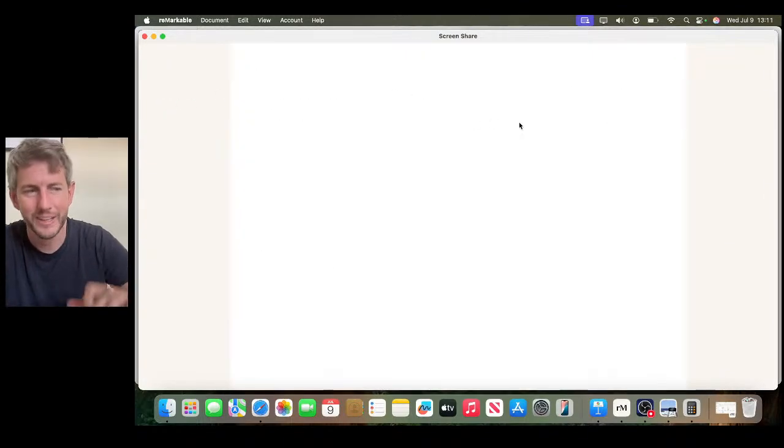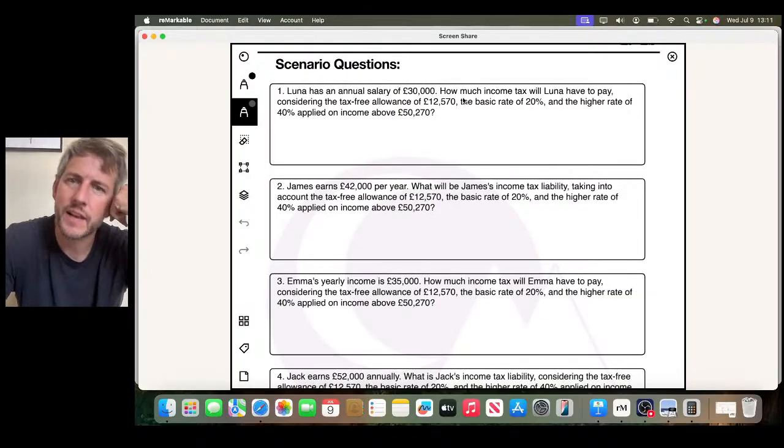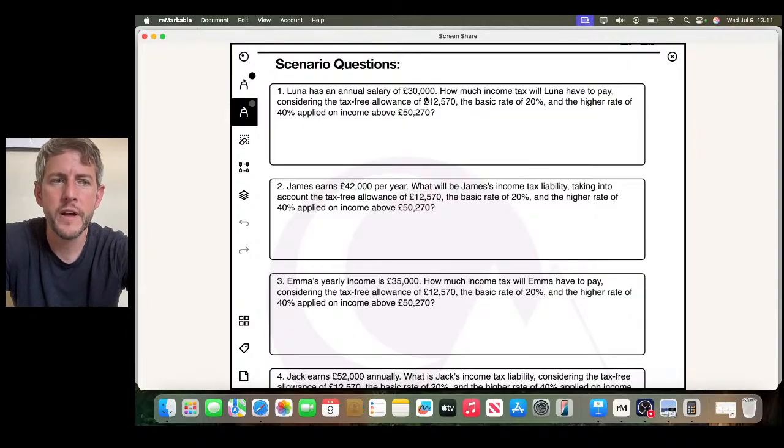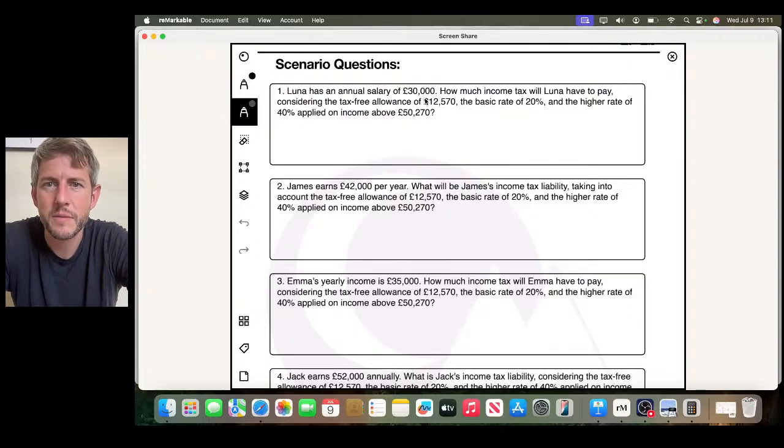Oh, they look long. So first one says, Luna has an annual salary of £30,000.